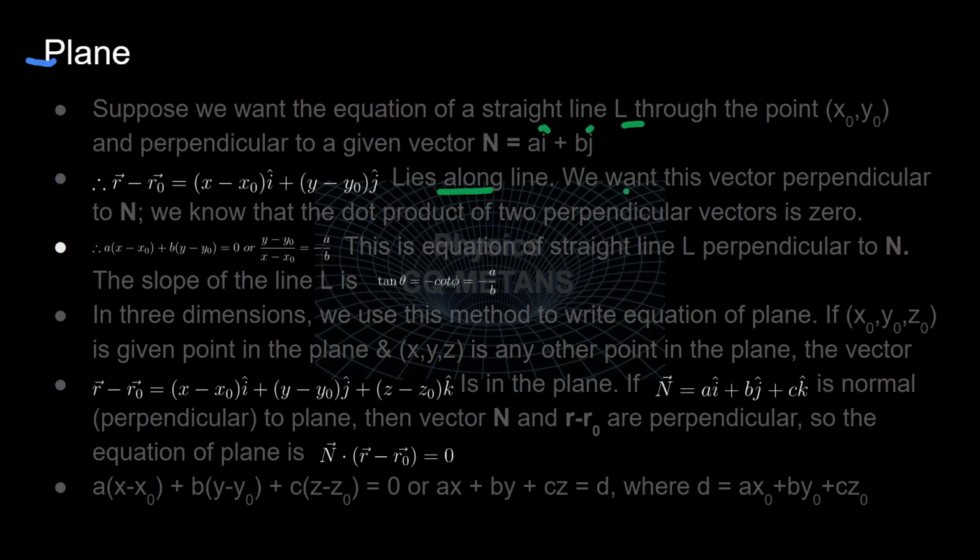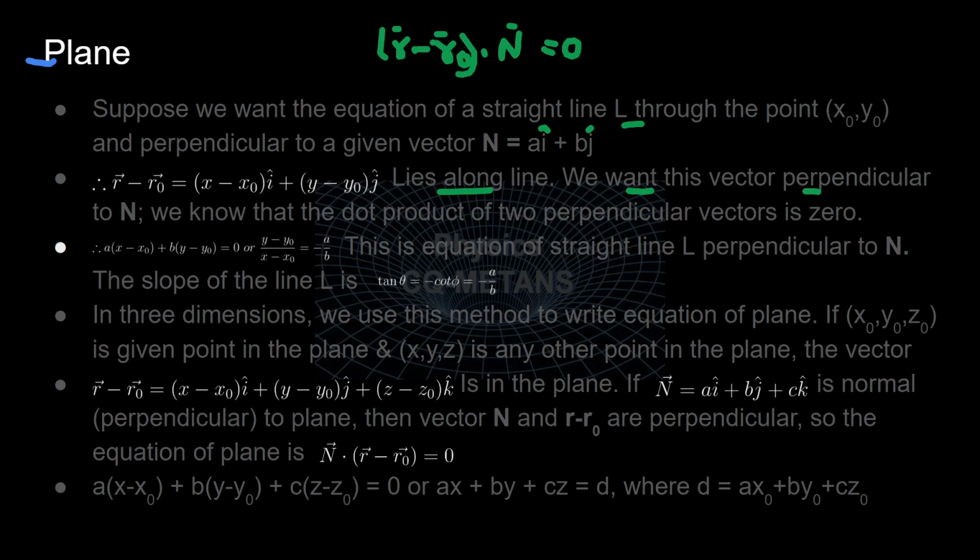Now we want this vector perpendicular to n. So this L should be perpendicular to n, so r minus r naught should be perpendicular to n. So r minus r naught dotted with the vector n is equal to 0, because the dot product of two perpendicular vectors is 0.